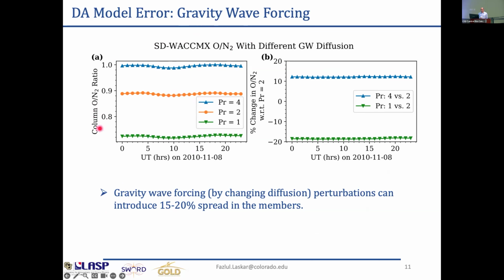What we tried is changing the diffusion in WACCMX by changing the Prandtl number, which is inversely proportional to the diffusion. In this case, we can see that the O/N2 can change by about -15 to +15% when we change the gravity wave diffusion or Prandtl number from 1 to 4. And physically, these numbers are possible, so it is not unrealistic. It's still a realistic forcing perturbation.